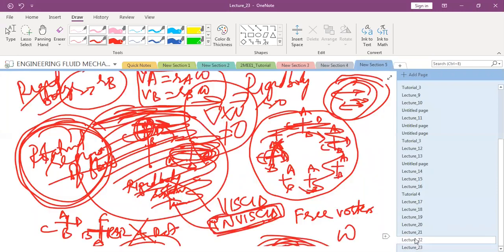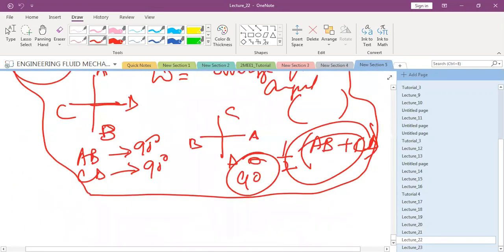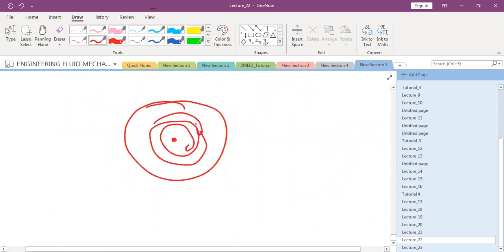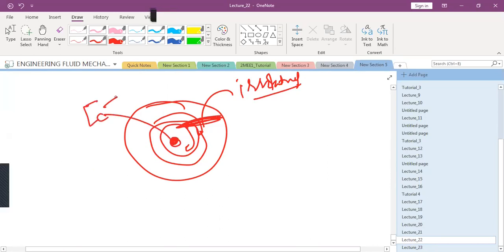So we were discussing in the last lecture two situations. We considered two cases. One was a free vortex, in which fluid was flowing in circular streamlines, and we noticed that the region was essentially irrotational, with a singularity point at which the circulation was non-zero.